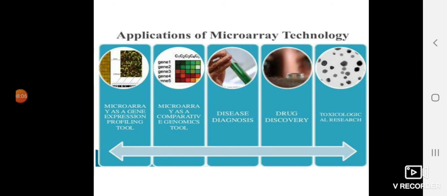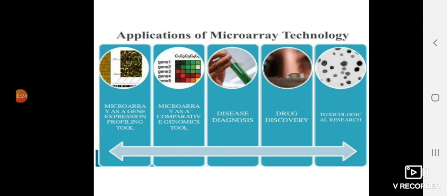It is also used in comparative genomic studies, where we can compare the expression of genes between two different organisms, and see whether similar genes or different genes are expressed.